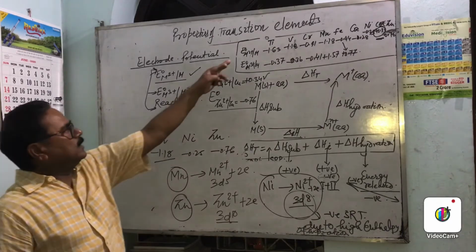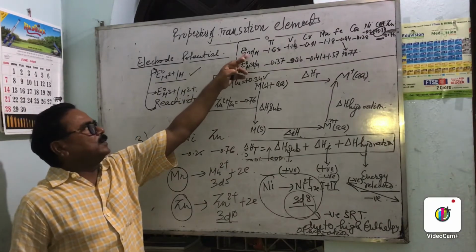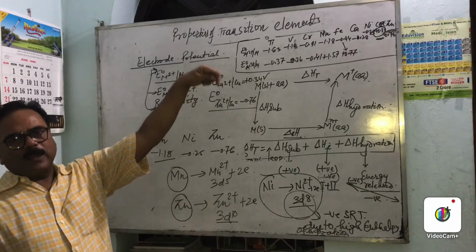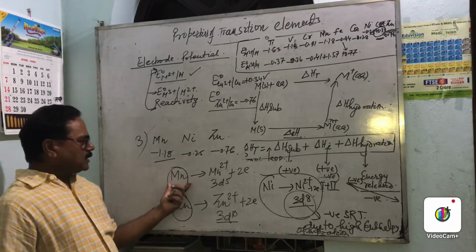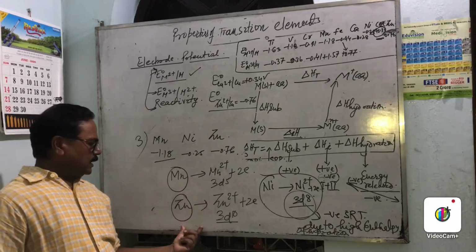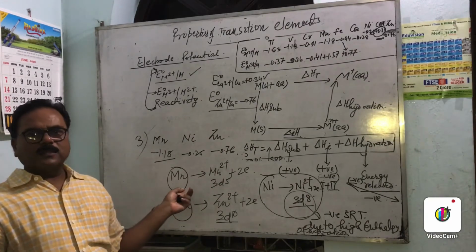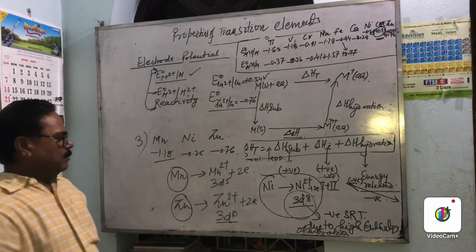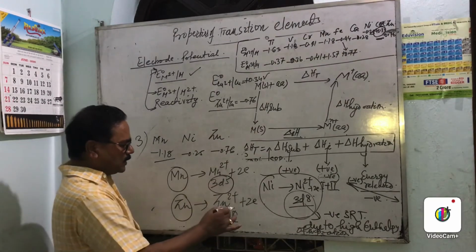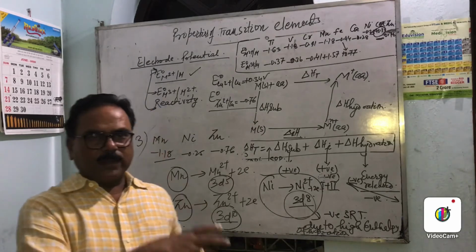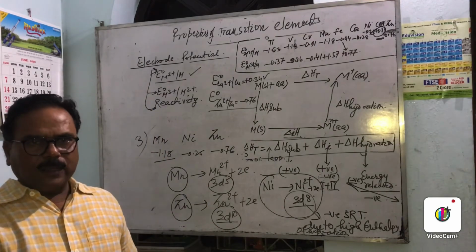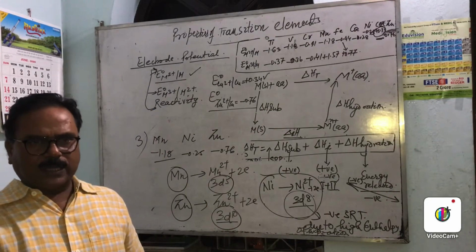That is not M2+, that is Ni2+, and this is Mn2+, and Zn2+. So Mn is negative, zinc is negative due to its stability in configuration, because they have more tendency to lose electron, and if it loses electron, the metal will act as a reducing agent.